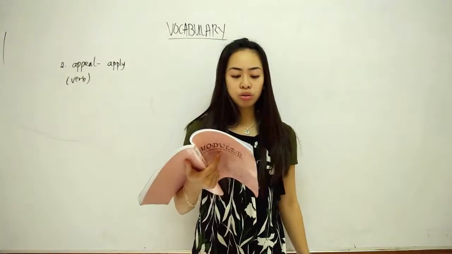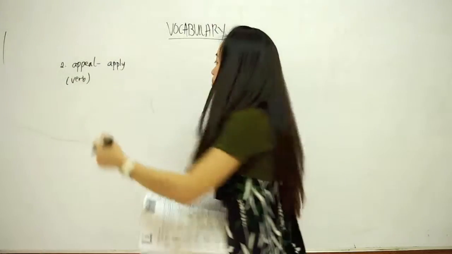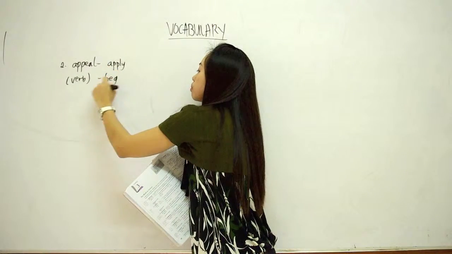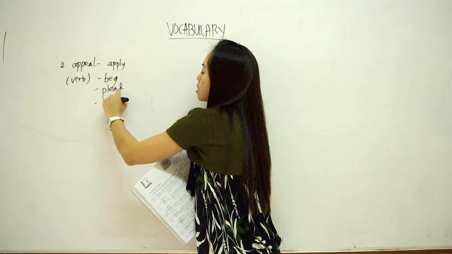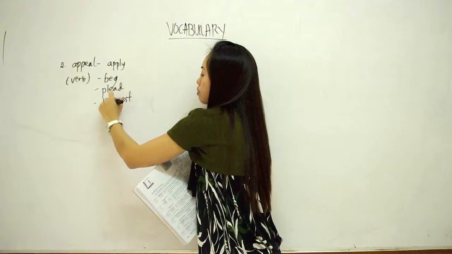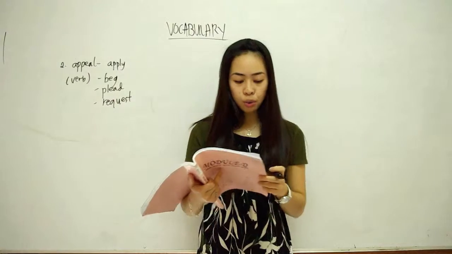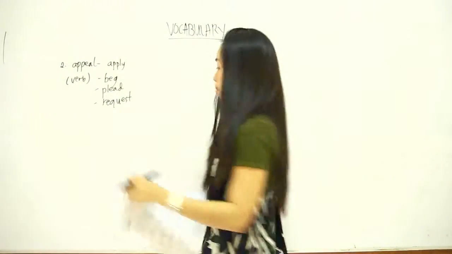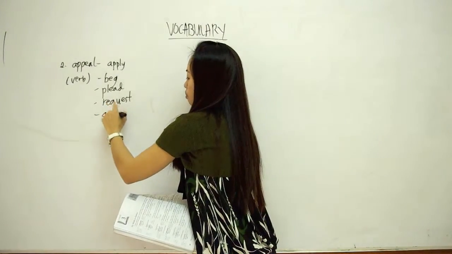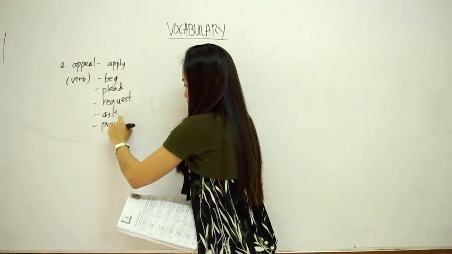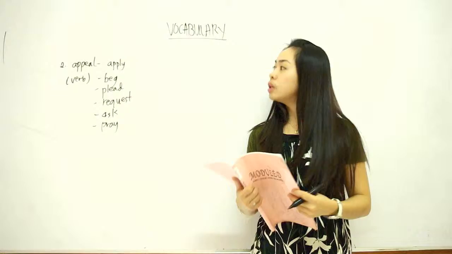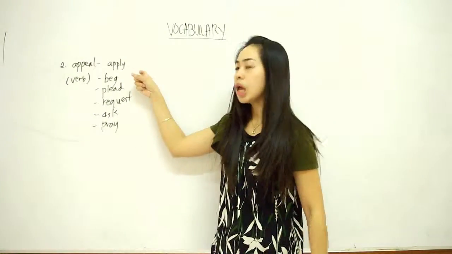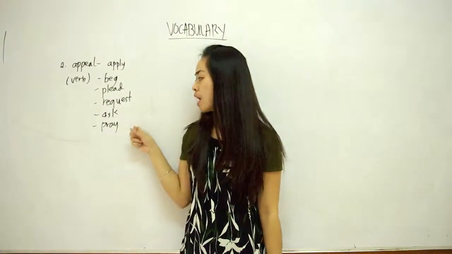We also try to beg, plead, request, or we are trying to ask or pray. Again, the synonyms for the word appeal here are apply, beg, plead, request, ask, and pray.